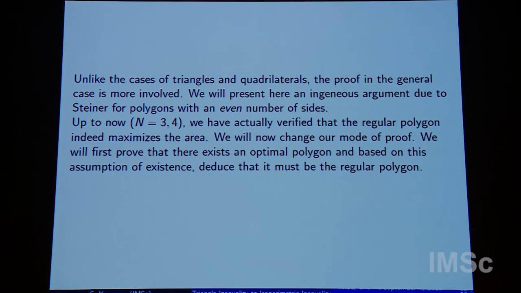The first one involves some amount of topology, but it is not very difficult. It just depends on the following fact: a continuous function on a compact set attains its maximum and minimum. That's the only thing which you must know. But let us not bother about that proof. We will assume there exists an optimal polygon and we will identify it.